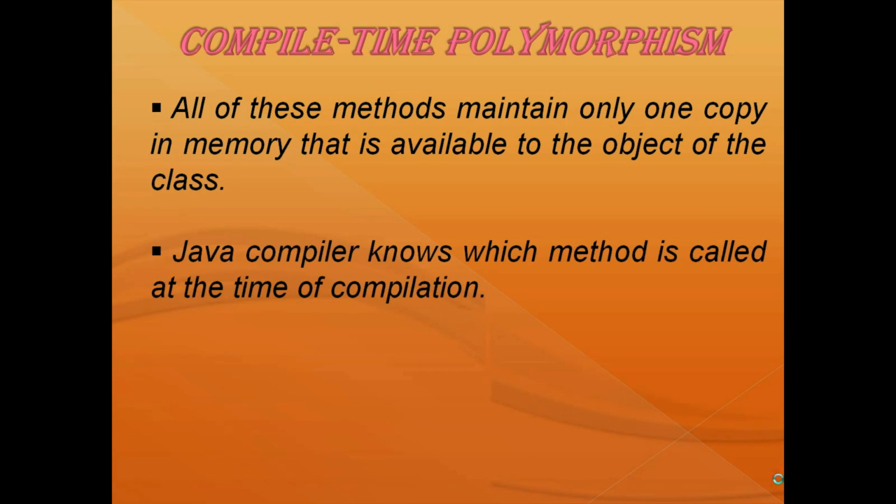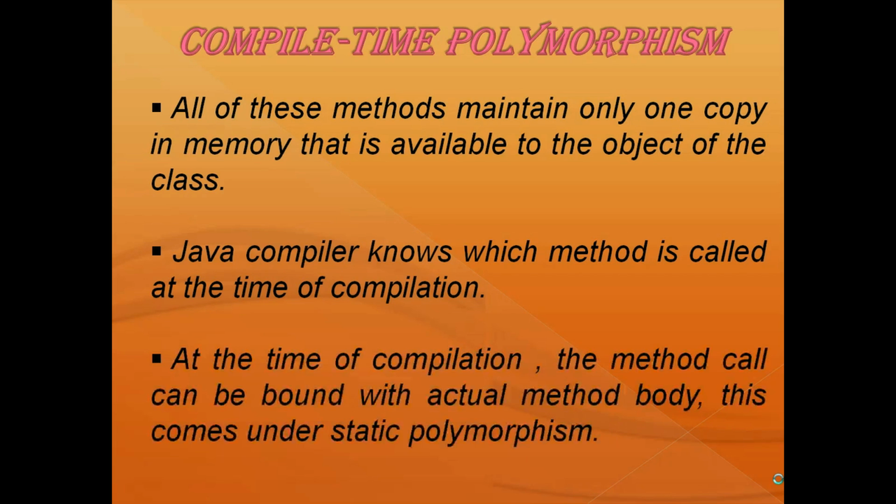So the Java compiler knows which method is called at the time of compilation, or in other words, there is no need to wait till objects are created. So at the time of compilation, the method call can be bound with the actual method body. So this comes under static polymorphism.